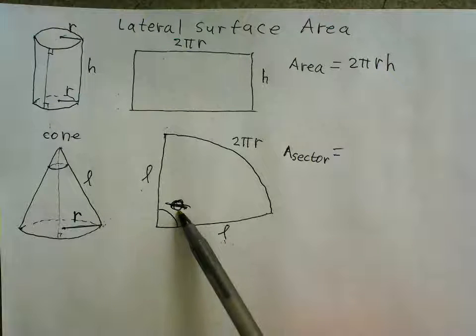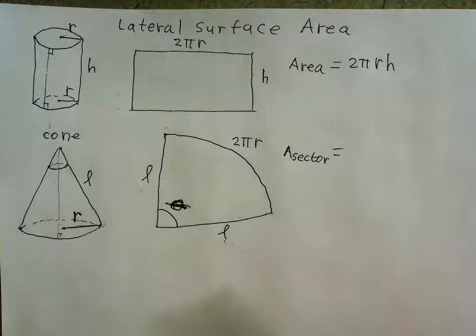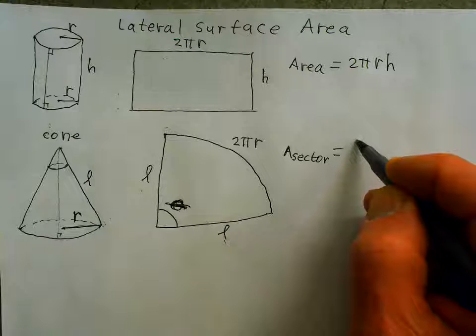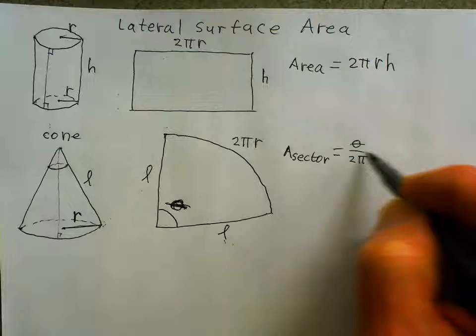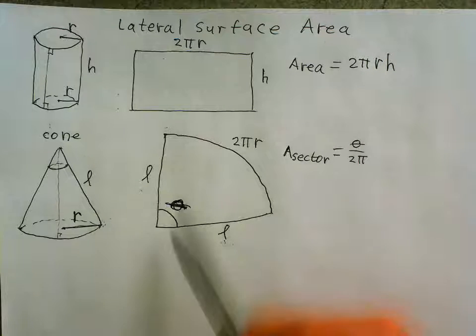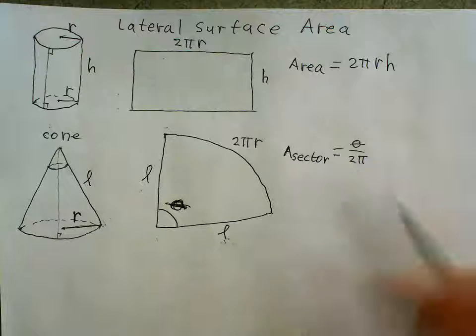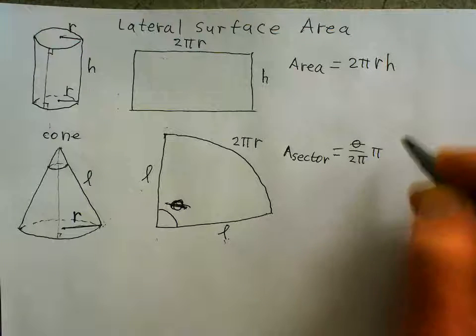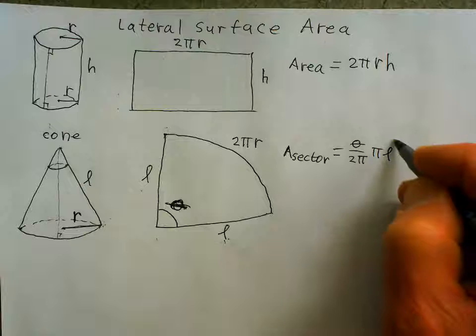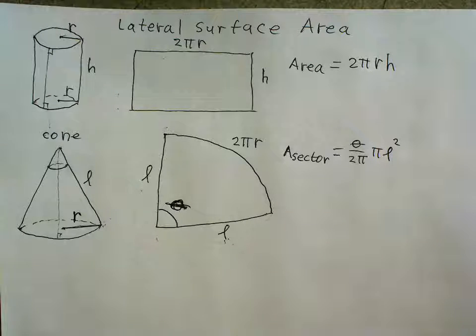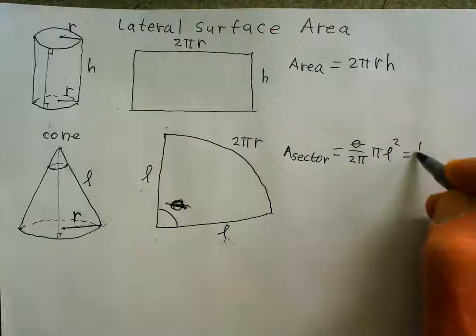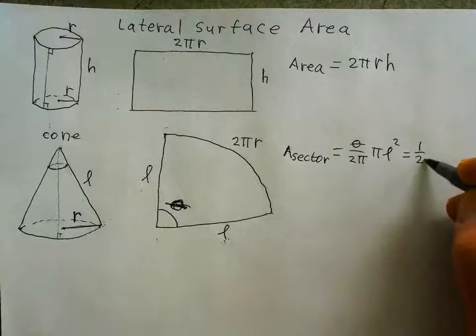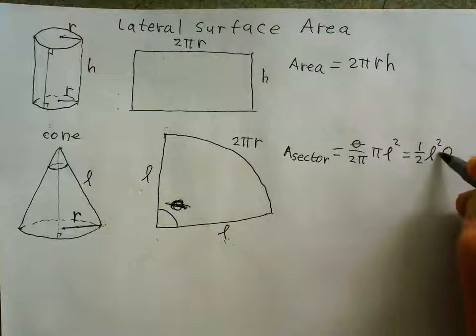The central angle is theta. A full circle has 2 pi radians. So the fraction is theta divided by 2 pi. And then we multiply that by the area of the circle with radius L, which is pi times L squared. The pi's cancel, so we'll just write this as 1/2 times L squared times theta.